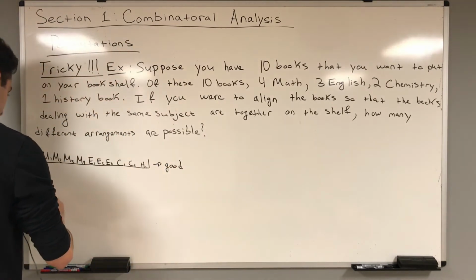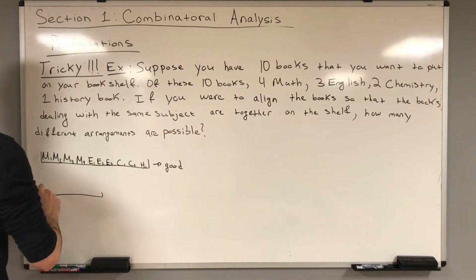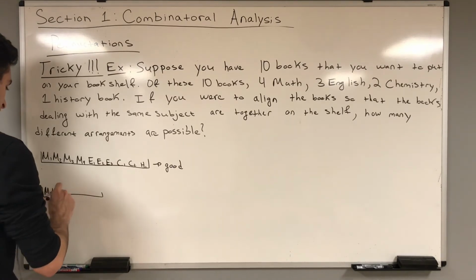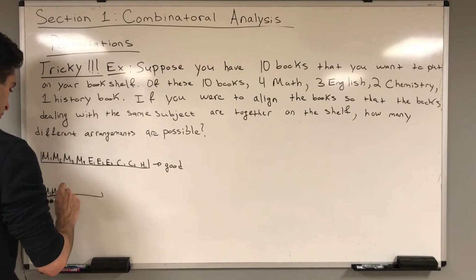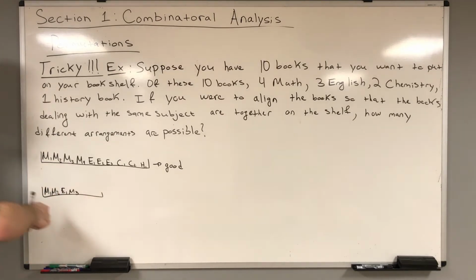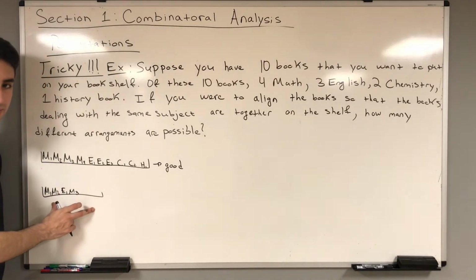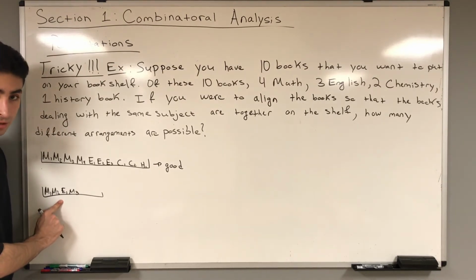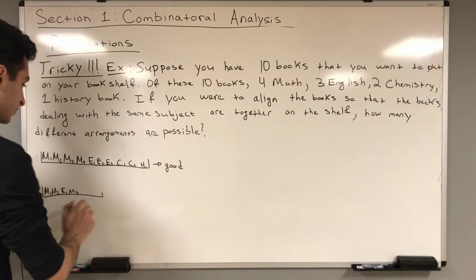What you can't have is, for example, math 1, math 2, and so on. You cannot have an English book between your math books, for example. This is already bad. This is not allowed. This is illegal for you. You don't want English to intrude in your math books, okay?